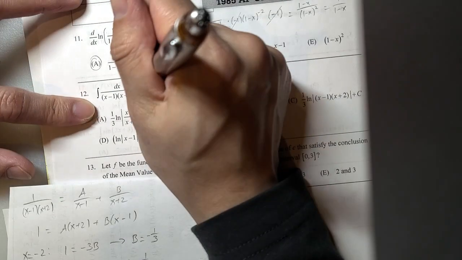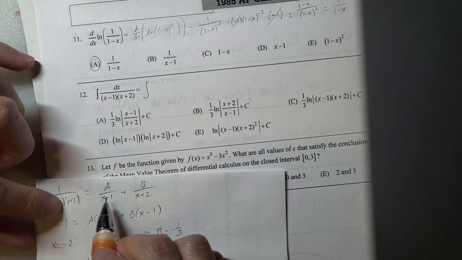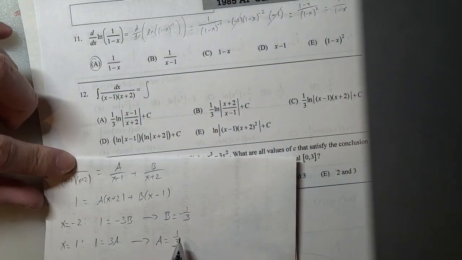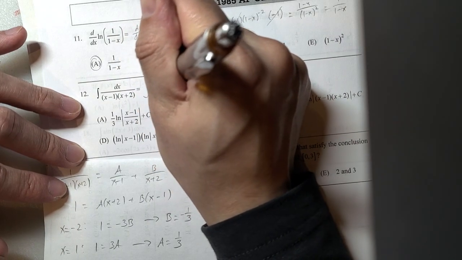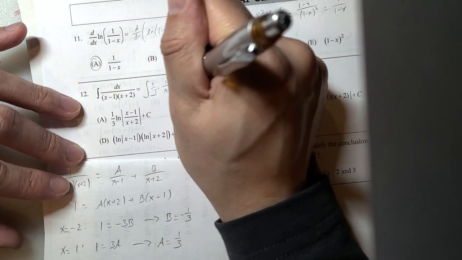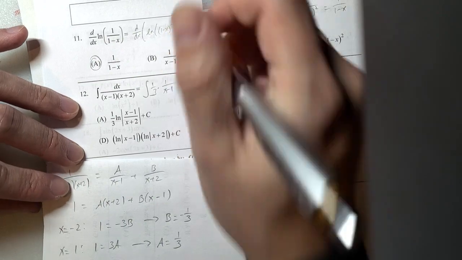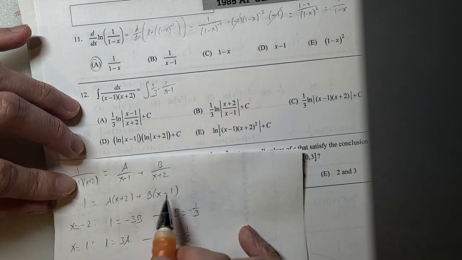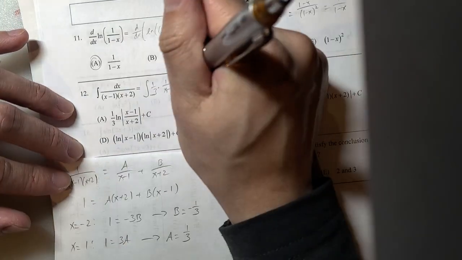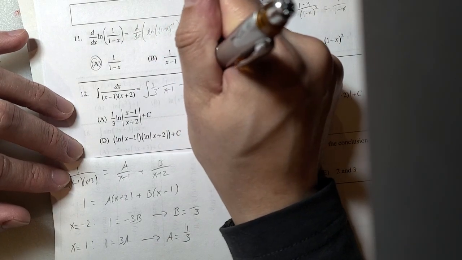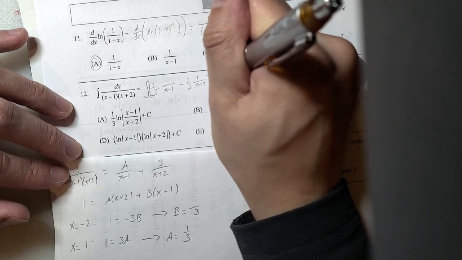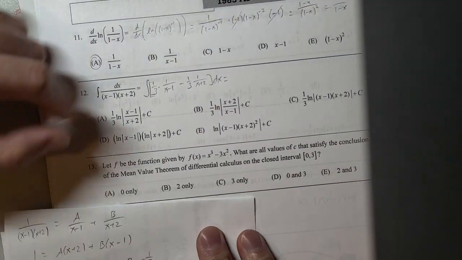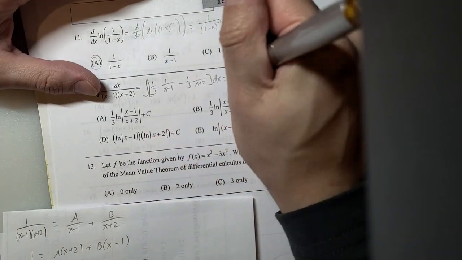So we can rewrite this integral as a over x minus 1, where a is a third, so a third times 1 over x minus 1, okay? And then plus b over x plus 2, b is minus 1/3, so minus 1/3 times 1 over x plus 2, all by dx. So these are easy to integrate, they're just both logs, right?